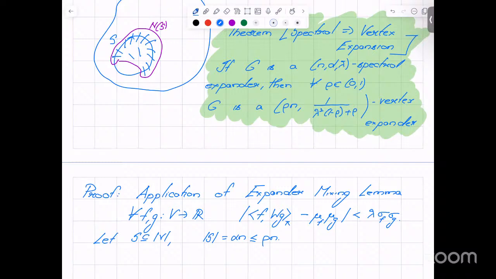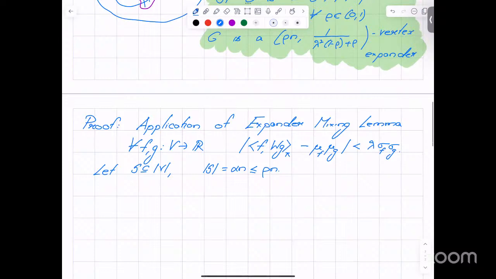Let us set f to be the indicator of S, and let us set g to be the indicator of T, where T is not the neighborhood, but everything outside the neighborhood. Why is that?